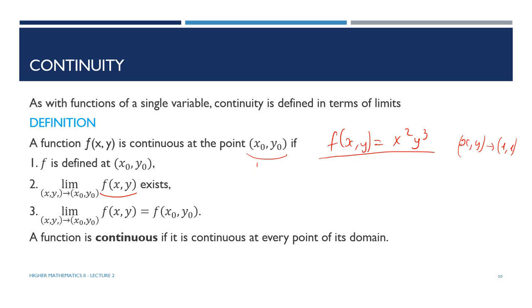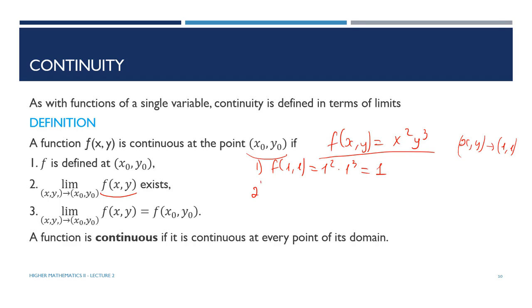So let's check. The first one, f is defined. Let's plug in these numbers here. If I plug in these numbers, I will get f of 1, 1, which equals 1 squared times 1 cubed. That gives me the number 1.